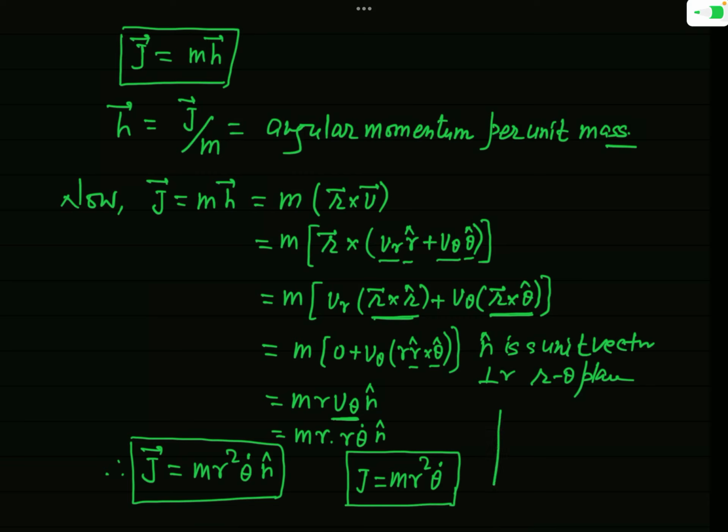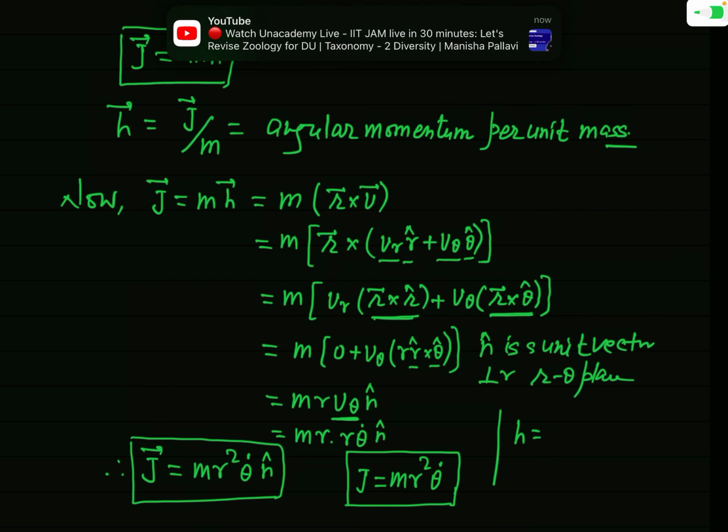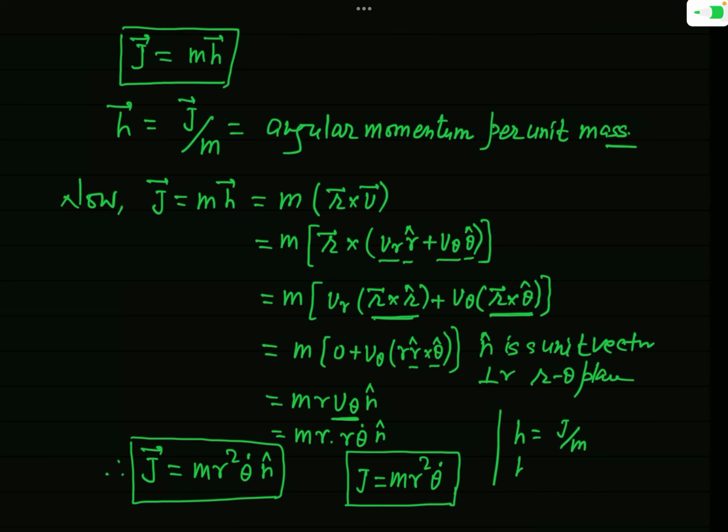Can you say what h will be now? As you have seen, h is J by m, so h will be simply equal to r square theta dot. These were some of the important results.